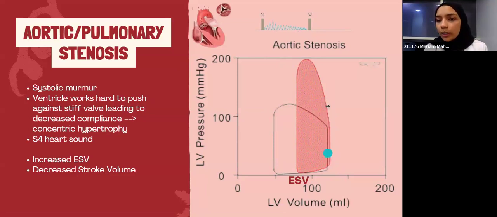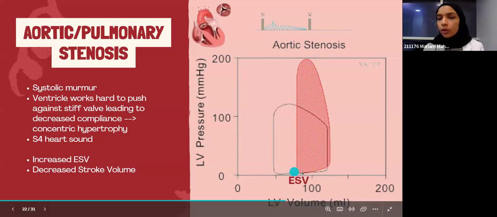So this is why it will be much higher. And then because the valve is stiff, not a lot of blood will go to the aorta. So here you will find that the end systolic volume is higher. So there is more blood left in the ventricle.